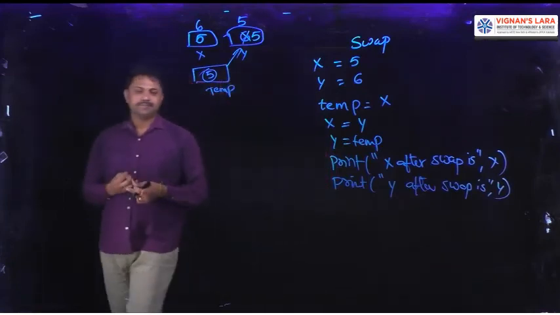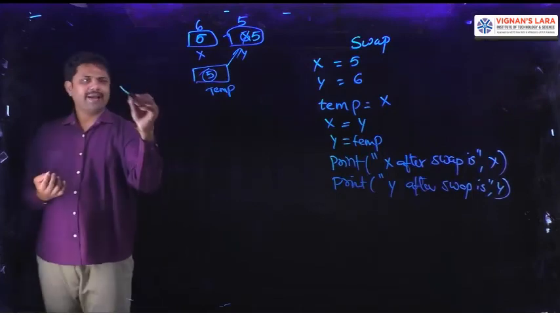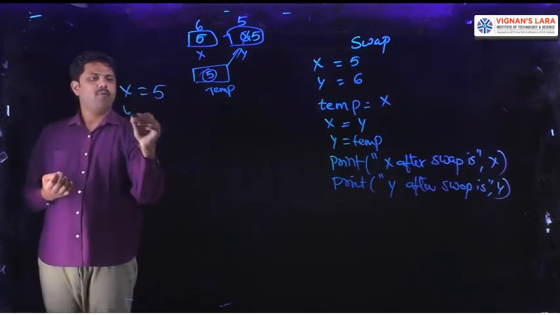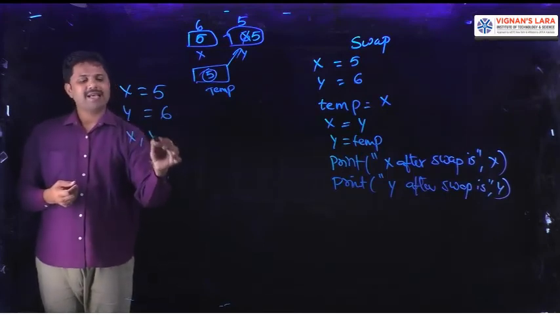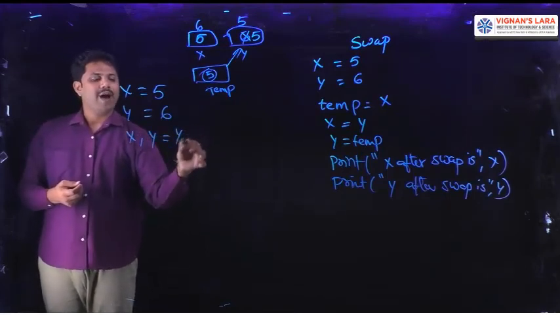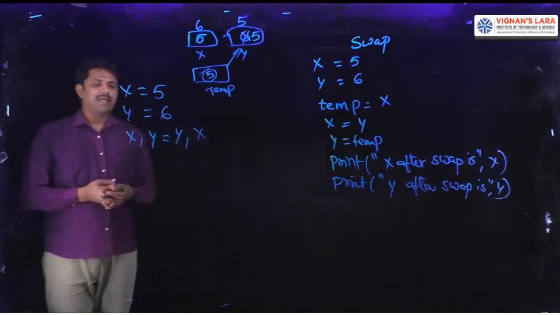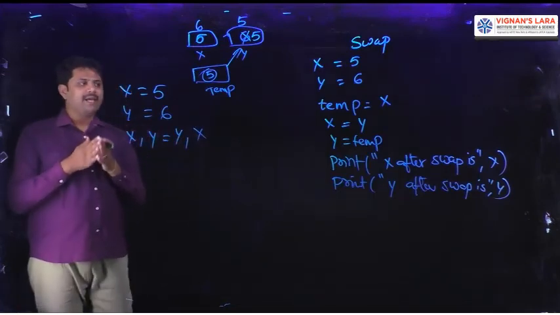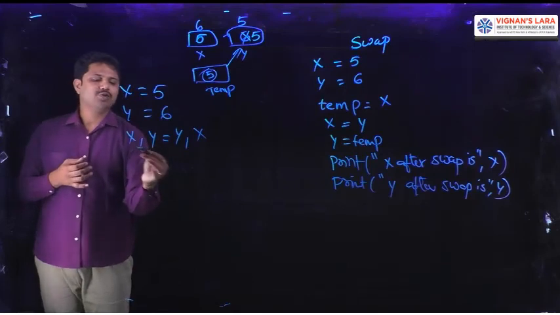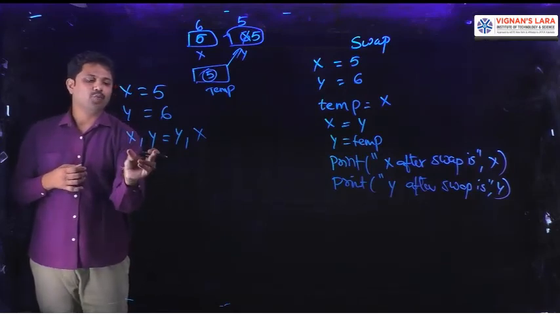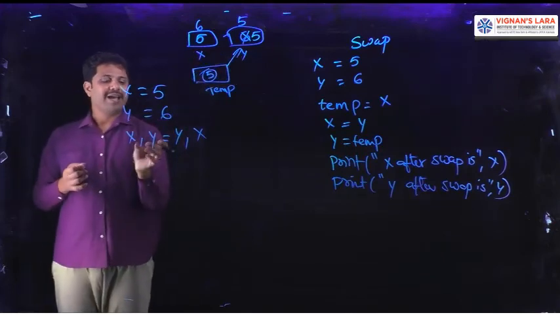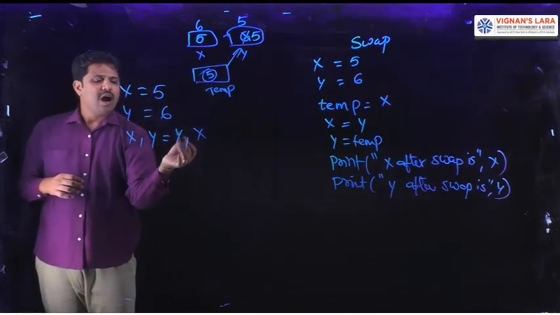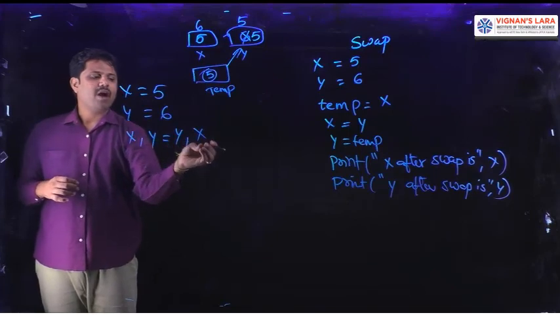The same program you can do very simply in Python. Let us see. Again take x equals 5, y equals 6. I just use the simple statement x, y = y, x. That means I have not taken any temporary variable. These are the two variables x, y.